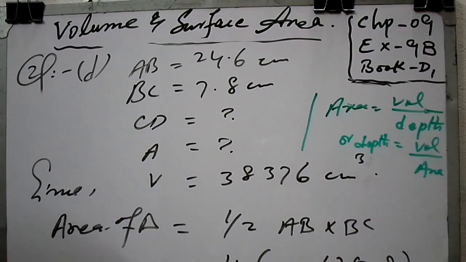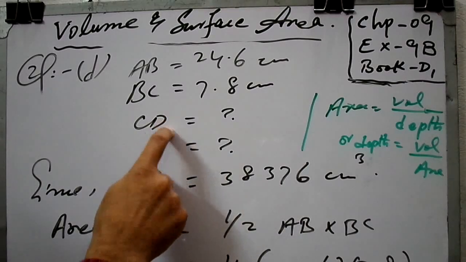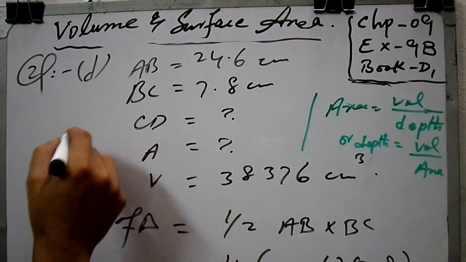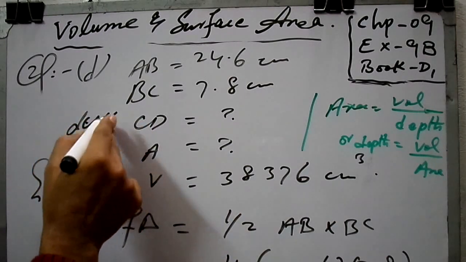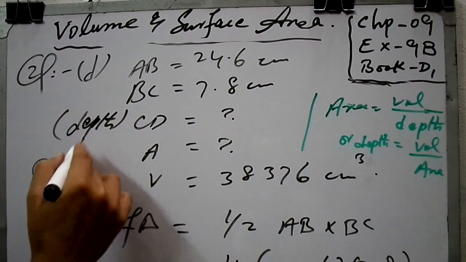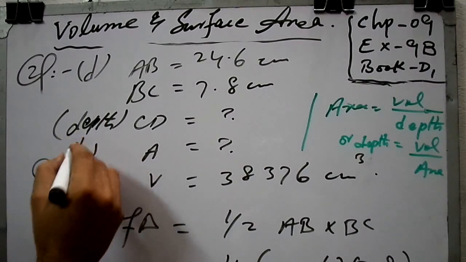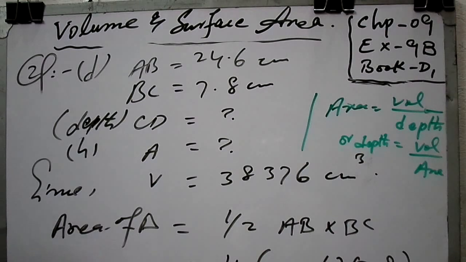So now we have calculated the area, now we have to find CD. CD is actually your depth, that's why that is your height. So we can find this.